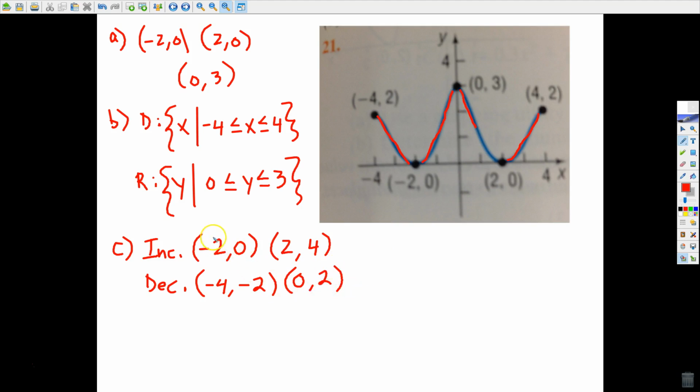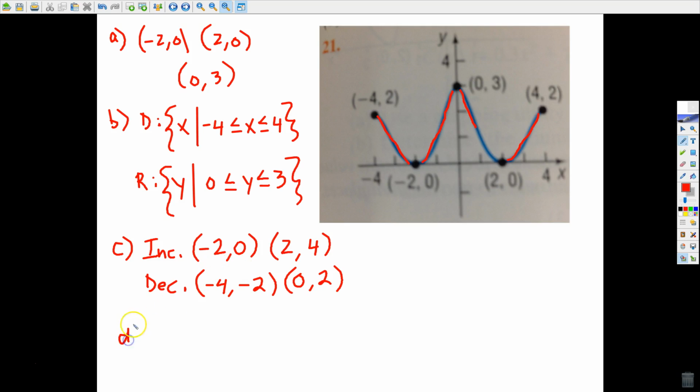And once again, notice that I used parentheses here because at the actual numbers, it's not increasing or decreasing. That's called a turning point. And we want to know just literally where the function is either increasing or decreasing.